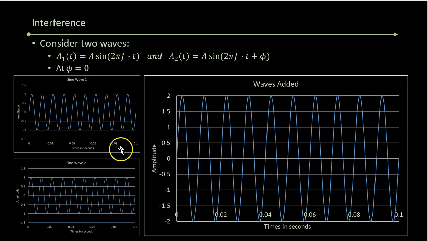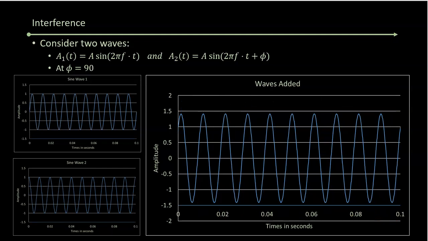Here we have two different waves and the phase angle between them, and we're at some given location, so we're only worried about time. The phase angle between them is 0. So they're in phase, and you add these two waves and you get a wave that's simply double. All right, that's straightforward enough. Well, what if they're off by 90 degrees?